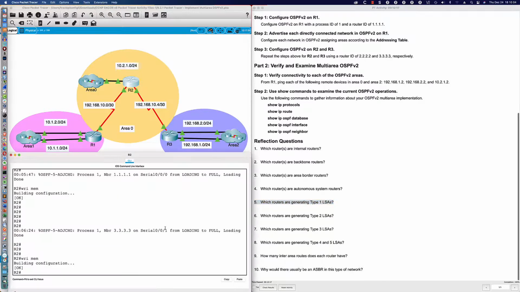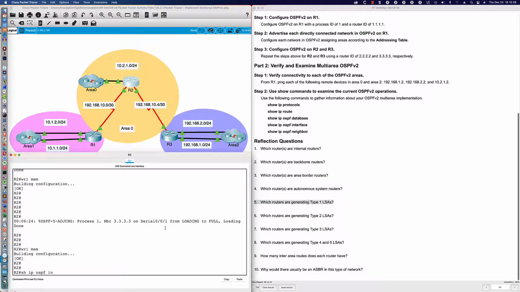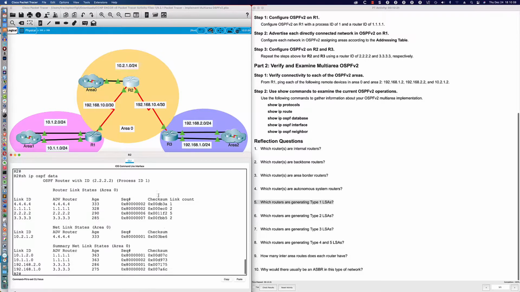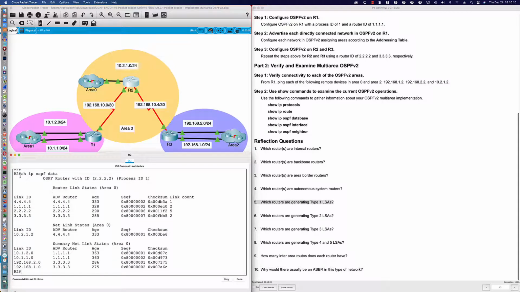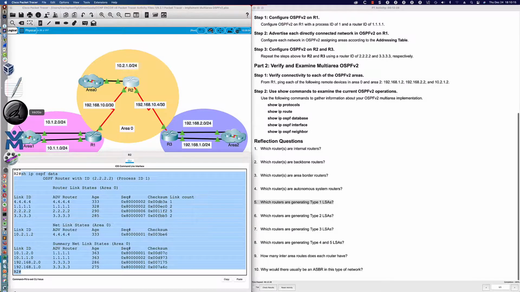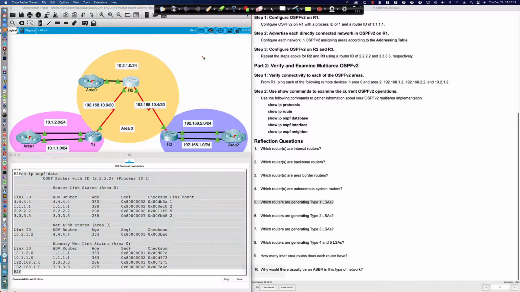Again, if we come to router 2 and I say show IP OSPF database, remember, this is the link state database for router 2. And as such, we have some specific values in here that are referred to as router link states. This is your type 1 LSA that router 2 sees in the environment.